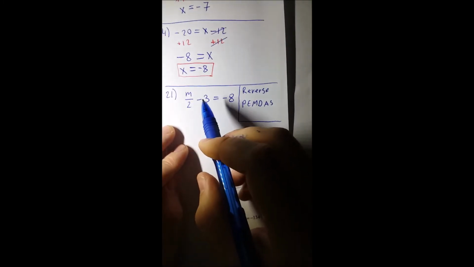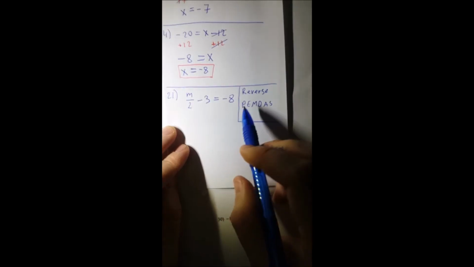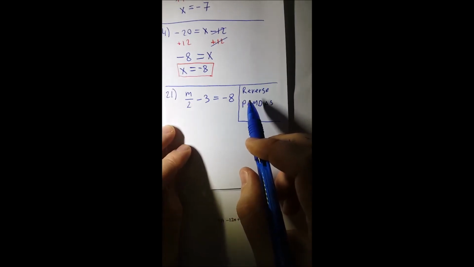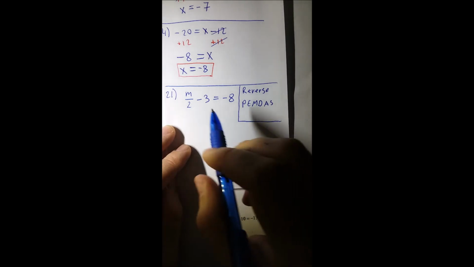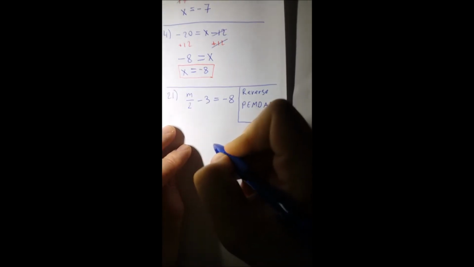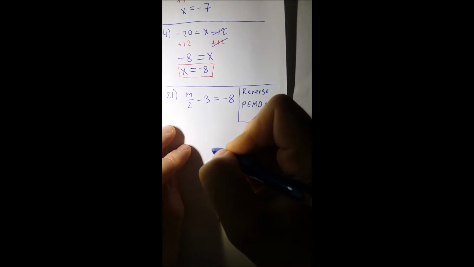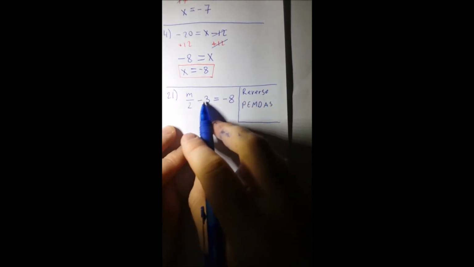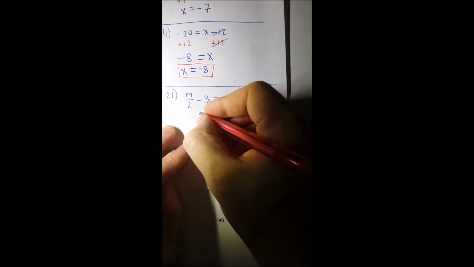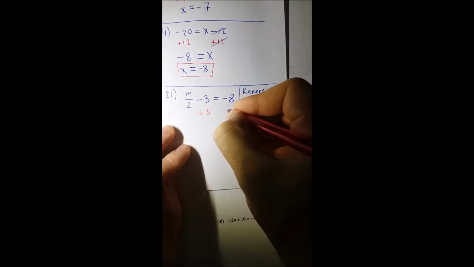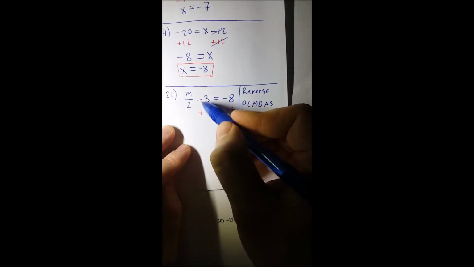Number 21. Here we have two-step equations we need to solve, and to solve two-step equations, you've got to do a reverse PEMDAS, meaning addition and subtraction should go first, and then multiplication and division should be undone. Okay, in this case, we have a -3 by itself. So first step should be add 3 to both sides. What that does is it cancels out this 3.